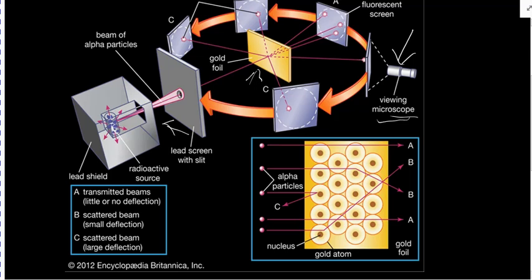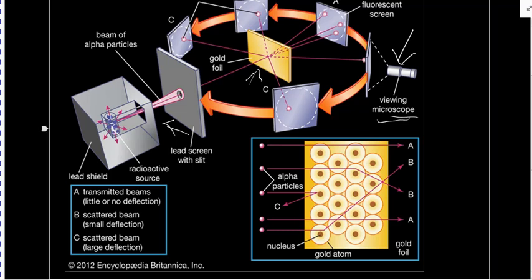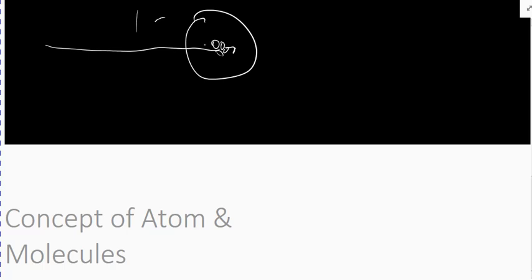The atoms of this gold foil have space. Now, let me draw that to illustrate. If this is the atom, and the alpha particle reaches the nucleus, it is observed to return back or to deviate.